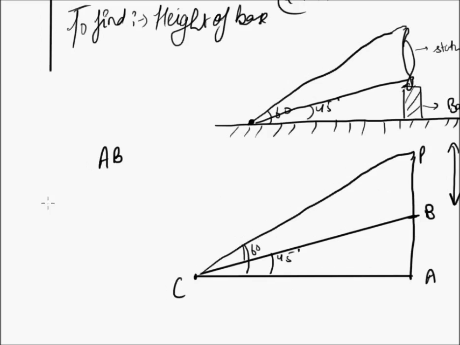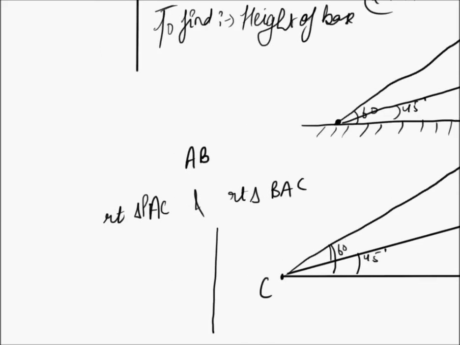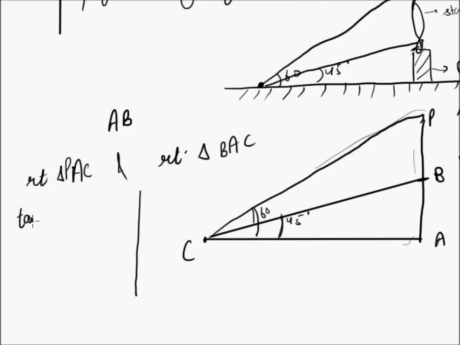Friends, if we see the right triangle PAC and right triangle BAC, we will see that tangent of 60 degree in PAC is PA over AC, whereas in right angle triangle BAC the angle is 45 degree, so tangent 45 degree is BA over AC.